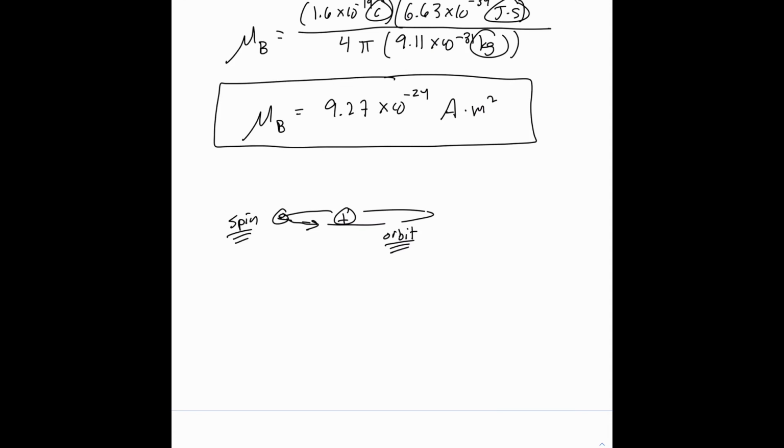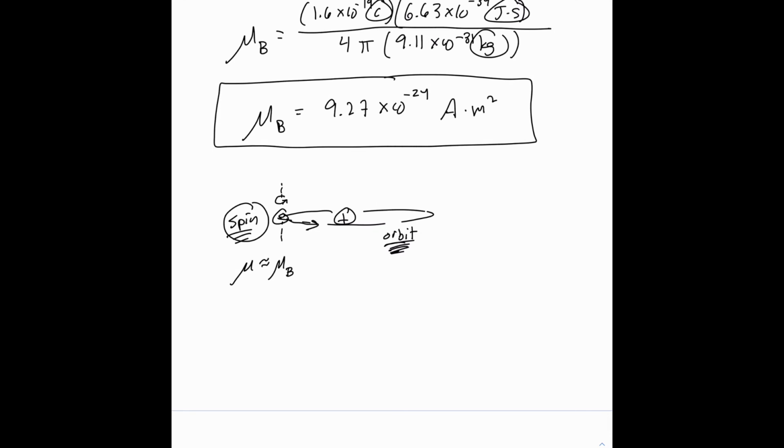Now, it's not quite right to think of it as the electron spinning like a top on its own axis, but mathematically it behaves as if that's what electrons are doing. And so there's an additional magnetic dipole moment associated with the spin that's roughly the same as the value of the Bohr magneton we just found associated with the orbit.